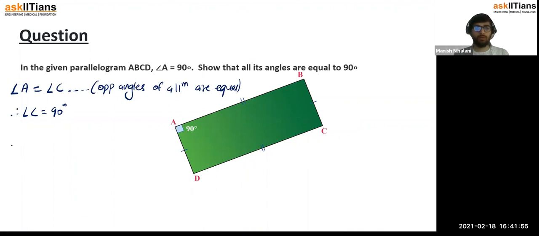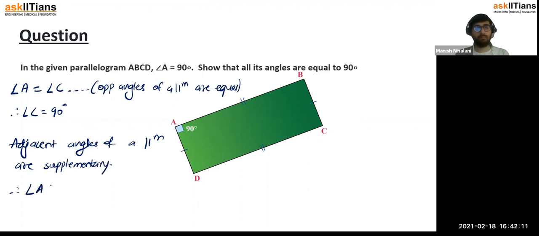Similarly, we also know that adjacent angles of a parallelogram are supplementary, as discussed just now, right? Therefore angle A plus angle B is equal to 180, but angle A is 90, therefore angle B will be equal to 180 minus 90, which is just 90, right?